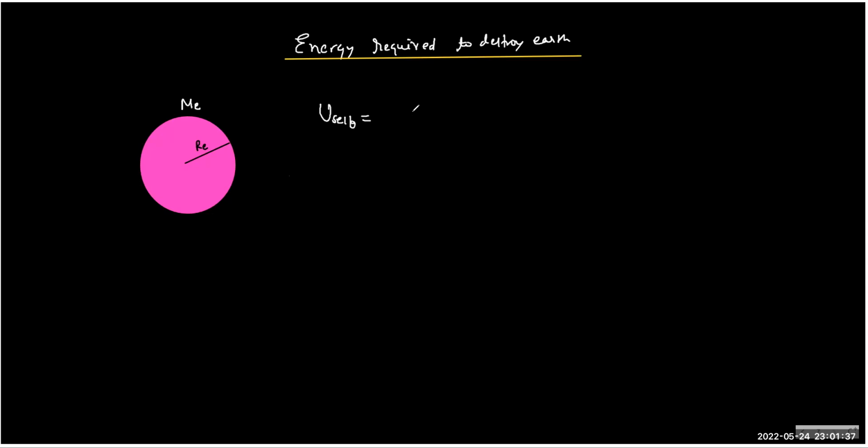That's the whole idea. From the point of view of masses and particles, we know this answer is minus 3 by 5 GM_E square by R_E. I hope you remember the formula, like 3 by 5 KQ square by R. So for solid it is 0.6 and for hollow it is 0.5, right?